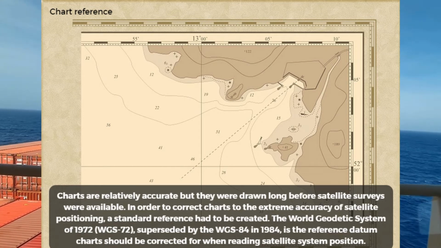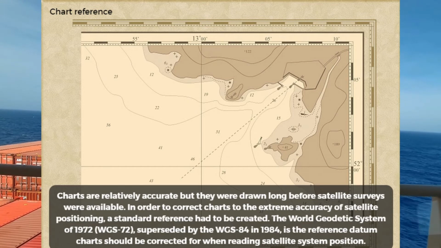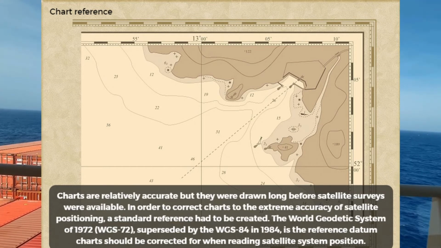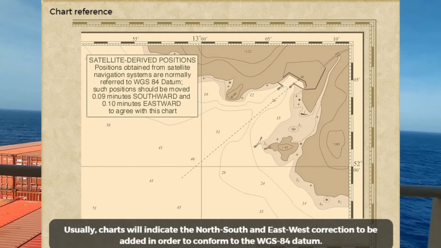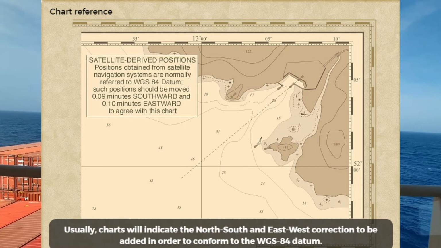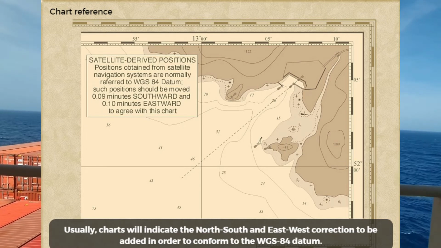The World Geodetic System of 1972, superseded by the WGS 84 in 1984, are the reference datum charts should be corrected for when reading satellite system position. Usually, charts will indicate the north-south and east-west correction to be added in order to conform to the WGS 84 datum.